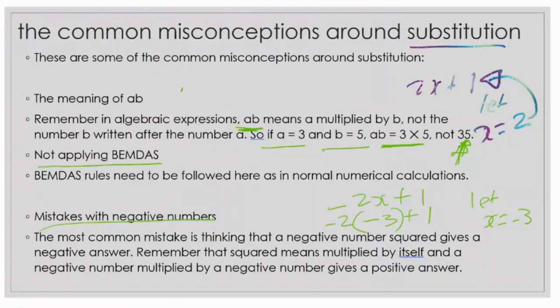Yeah, man. And then the most common mistake is thinking that a negative number squared gives a negative answer. If ever you've got negative 3 and this thing is squared, you are going to get negative 9. That's not the case. Okay. Another thing with a square is when you've got negative 2 cubed and think this is going to be equal to 8.